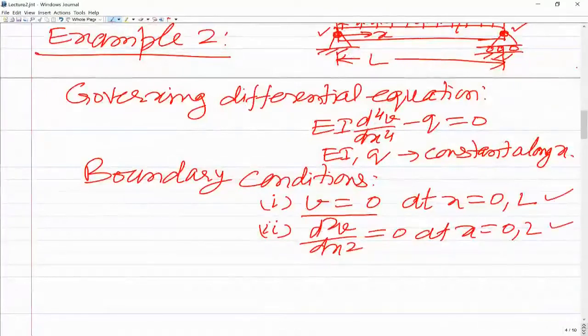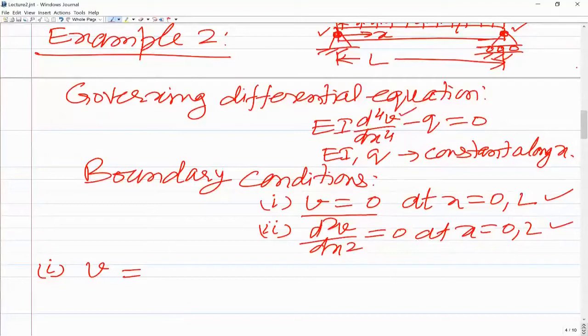Now in this case, one possibility is that we again start with an approximate solution for v. Now we want to take a polynomial. Whatever we take should be differentiable at least four times.